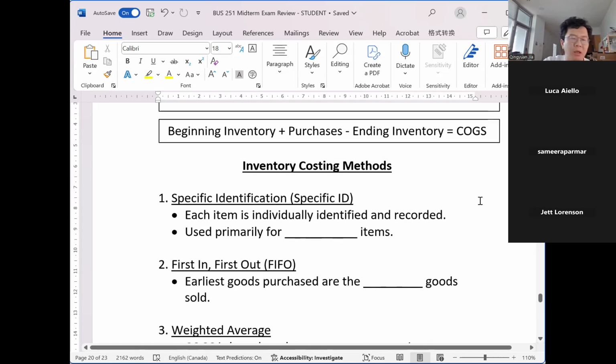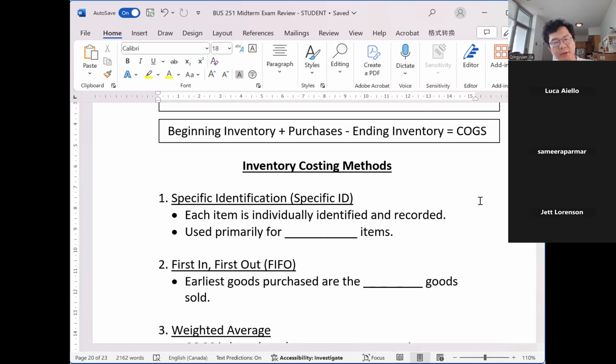So, first part, inventory costing methods. The first one is the specific identification method, which means that each item is individually identified, recorded and tracked. It is primarily used for very expensive, very valuable items.